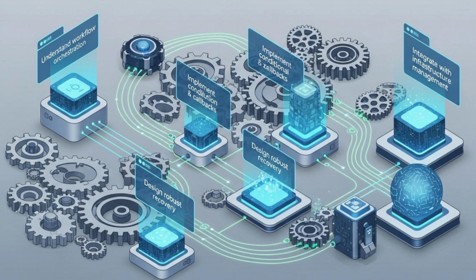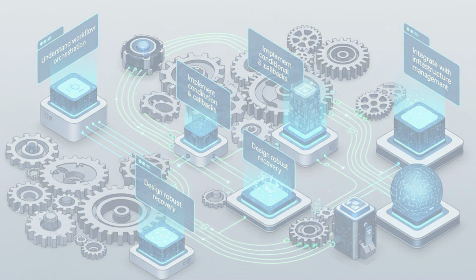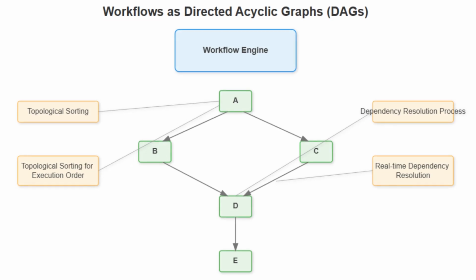Let's begin. At the heart of any sophisticated task orchestration engine lies the concept of a dependency graph. Think about it. Real-world systems rarely execute tasks in isolation. An e-commerce order workflow, for instance, involves payment, then inventory reservation, then shipping, and parallel notifications.